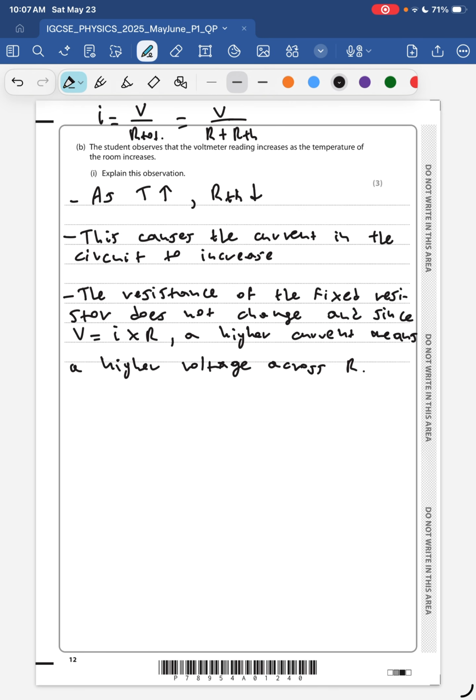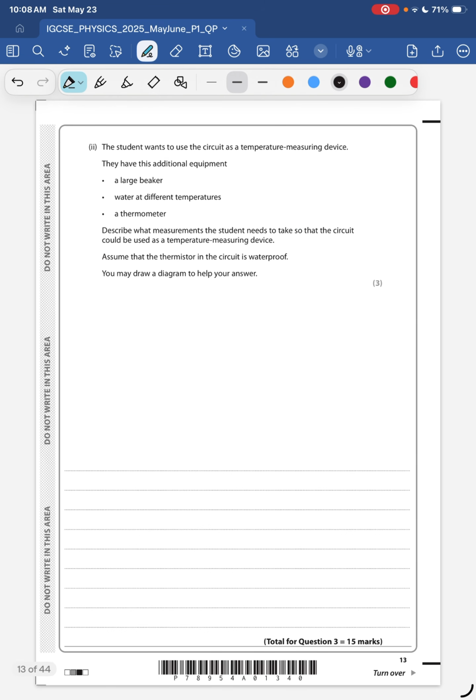So the voltmeter reading increases. Maybe it's an overkill that I've written so many things, but I try to be thorough. Now let's go to part 2.